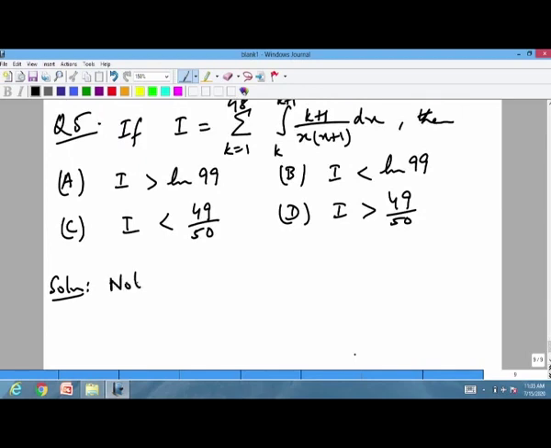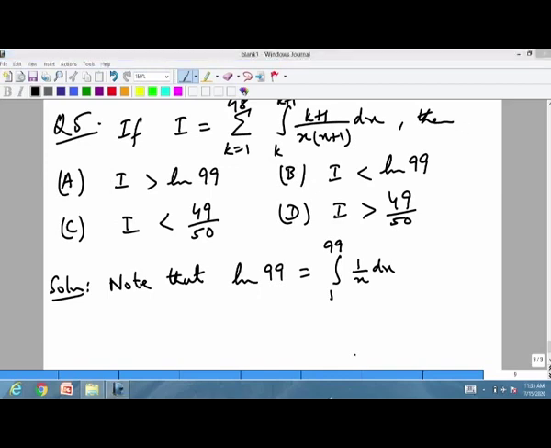Note that log of 99 is nothing but the integral of 1 by x dx from 1 to 99, because the antiderivative of 1 by x is log x.